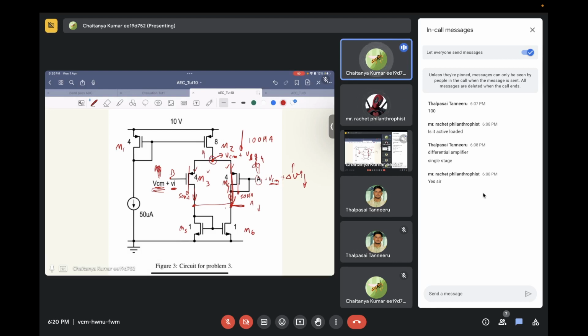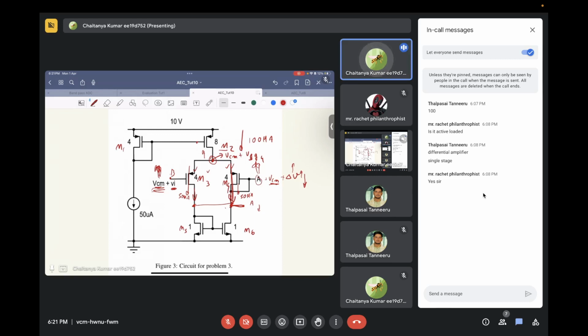And if this node is increasing, transistor M2's drain is increasing, and it can increase only to a point where the drain is at least one threshold above the gate of transistor M2. From there we can find the upper limit of VCM.